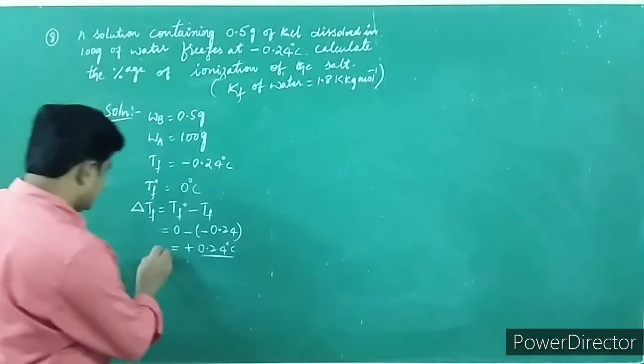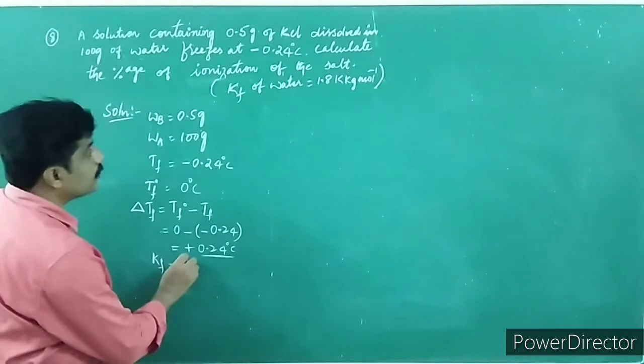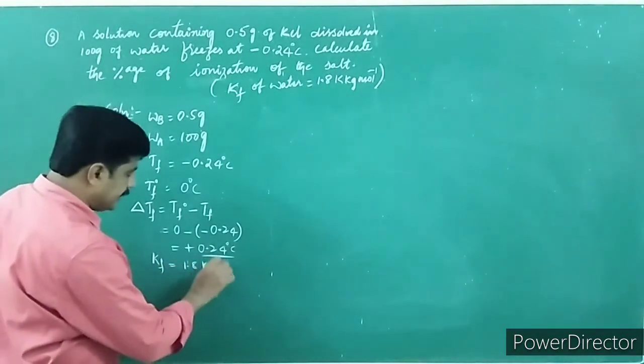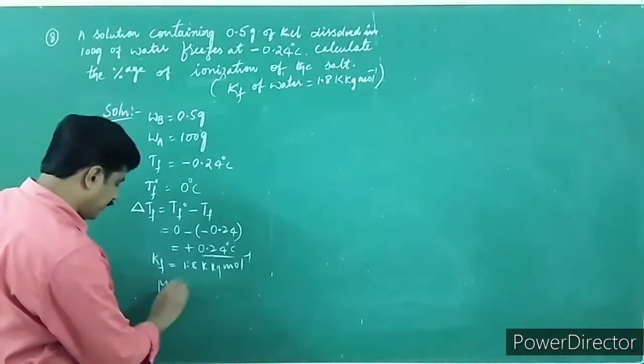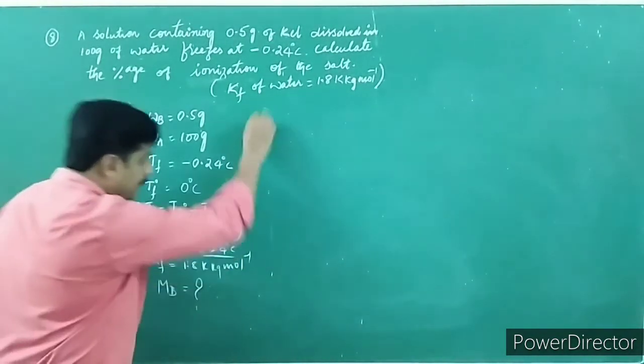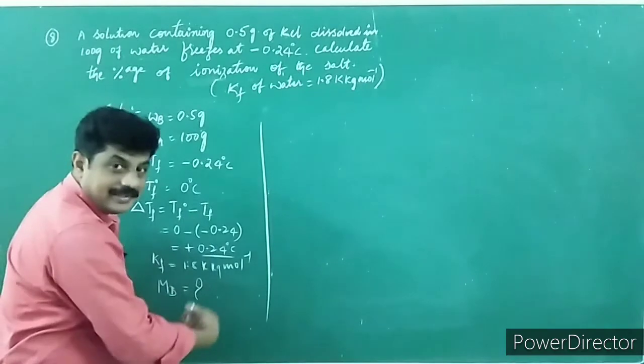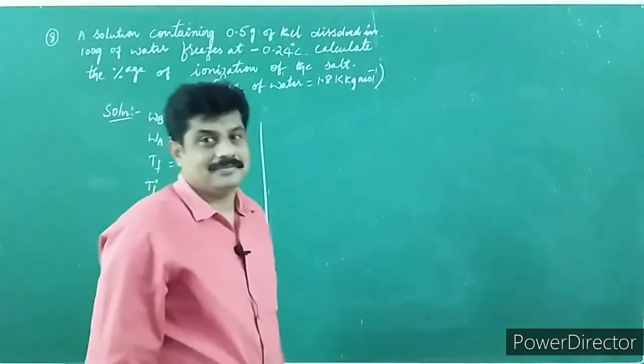Children, Kf is given, is it not? Kf of water is equal to 1.8 Kelvin kg per mole. And what are you supposed to find out? You are supposed to find out the observed molar mass by using the data given in the numerical.